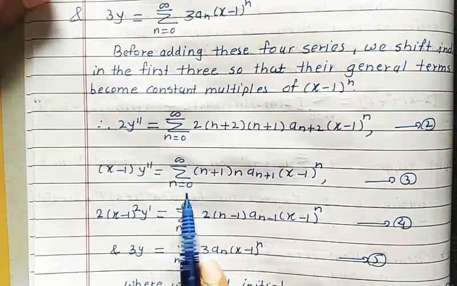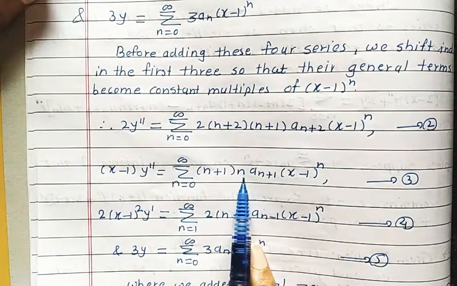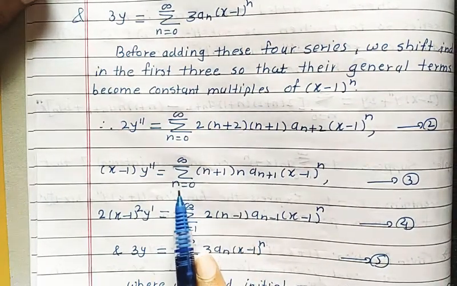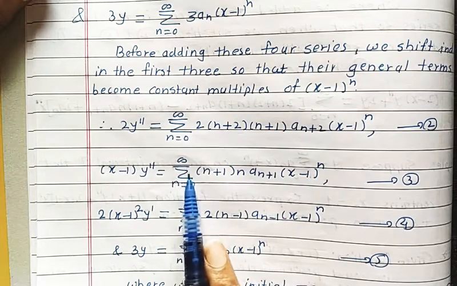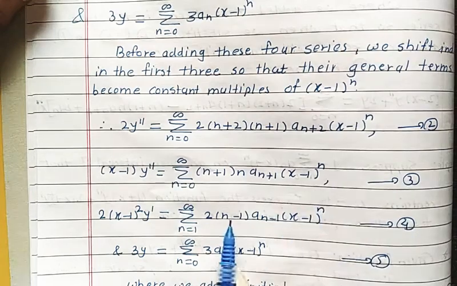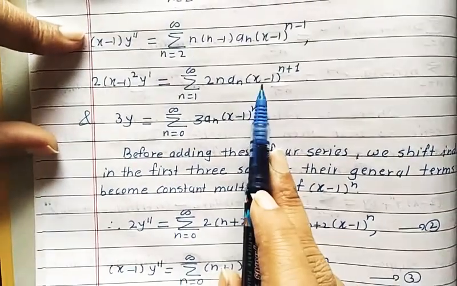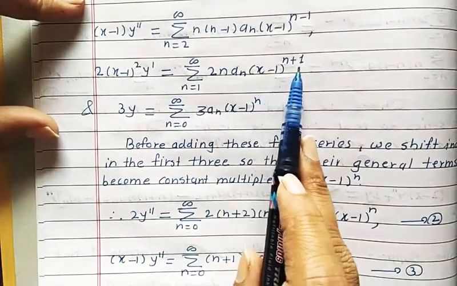If we put n equal to 0, that term becomes 0, which means there is no change. So instead of writing n equal to 1 to infinity, we can write n equal to 0 to infinity. That is equation number 3. Next, for this equation, it is x minus 1 raised to n plus 1.